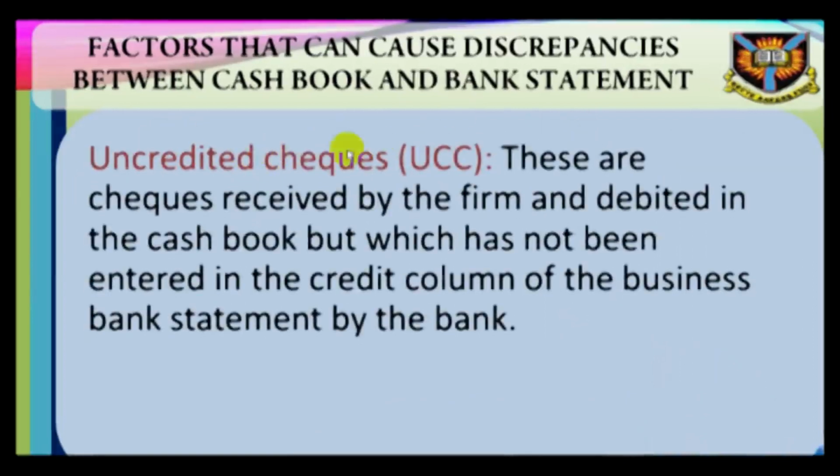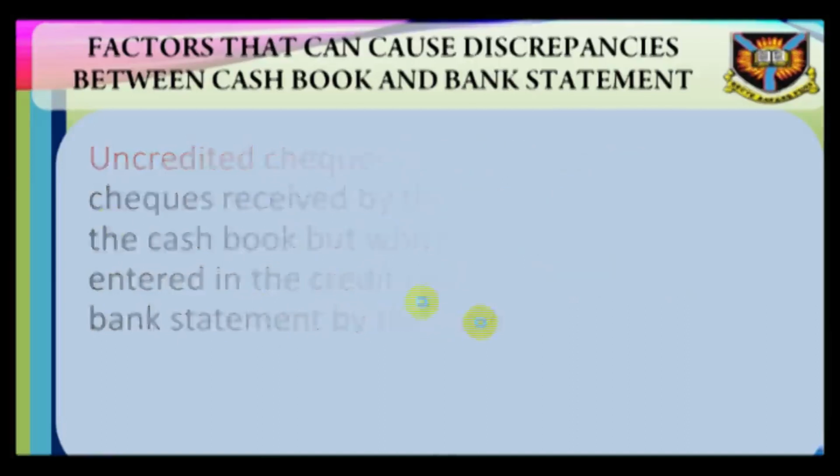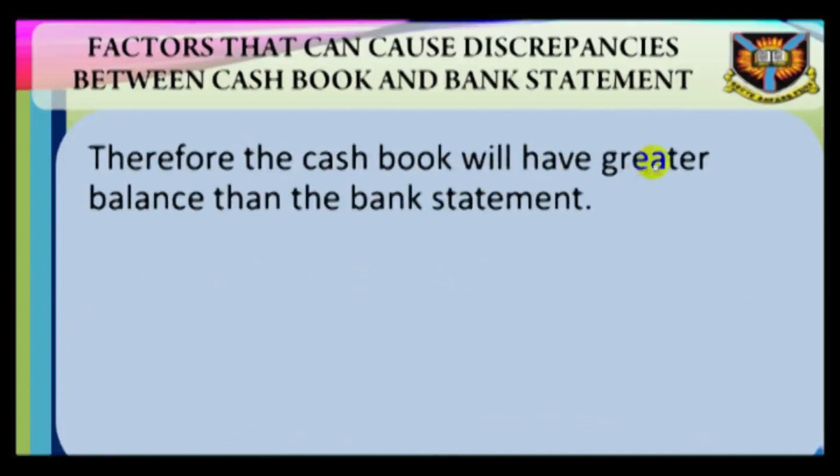Uncredited check. These are checks received by the firm and debited in the cash book, but which have not been entered in the credit column of the business bank statement by the bank. Therefore, the cash book will have a greater balance than the bank statement.